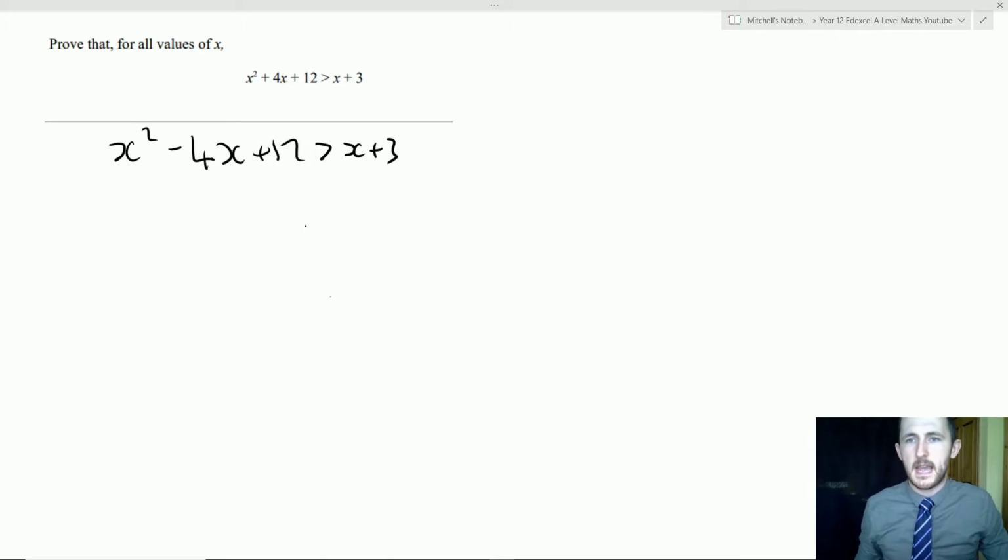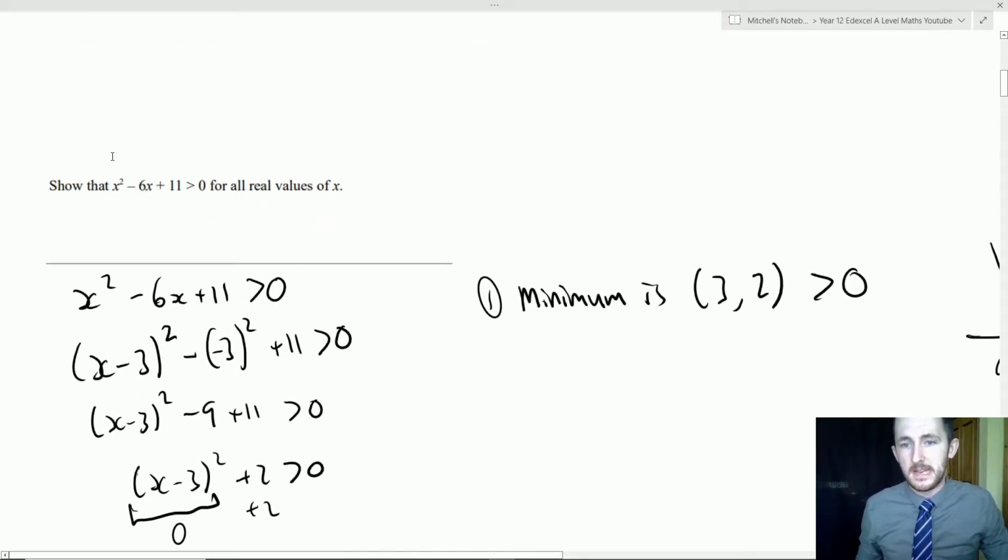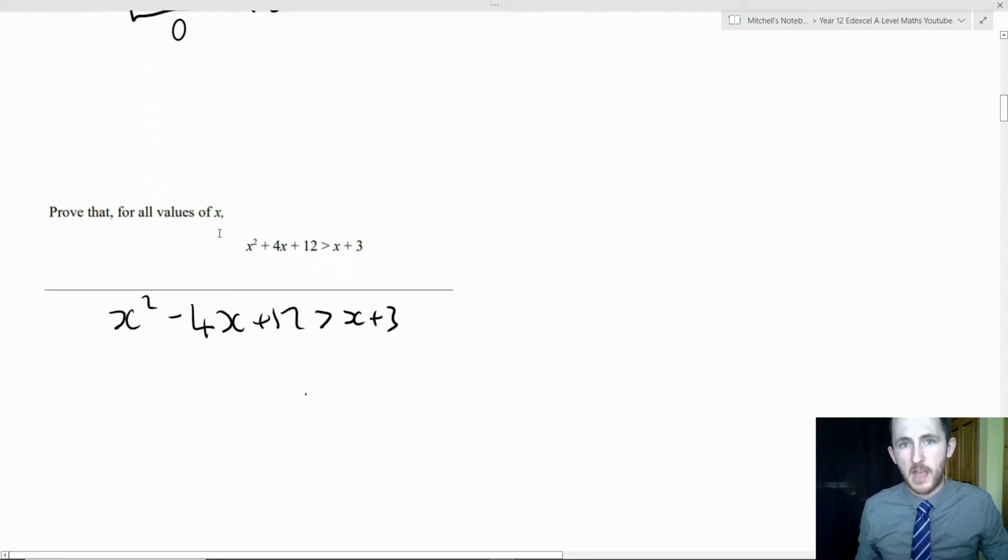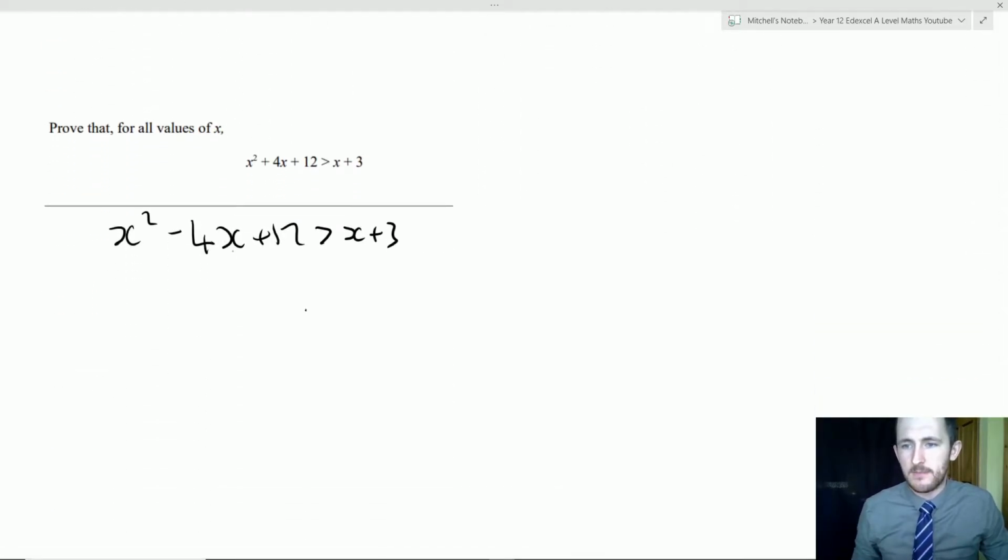So let's write this out. So the question is here, how do we do this? Well, it would be really easy if it looked something like that. So why don't we make it look like that? If we get rid of everything on this side, we will then have something that looks like the previous question. So we're minus x and minus 3 from both sides.